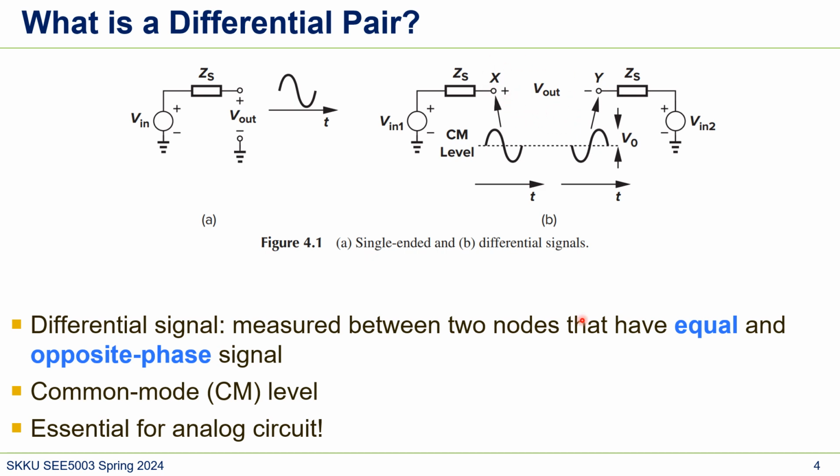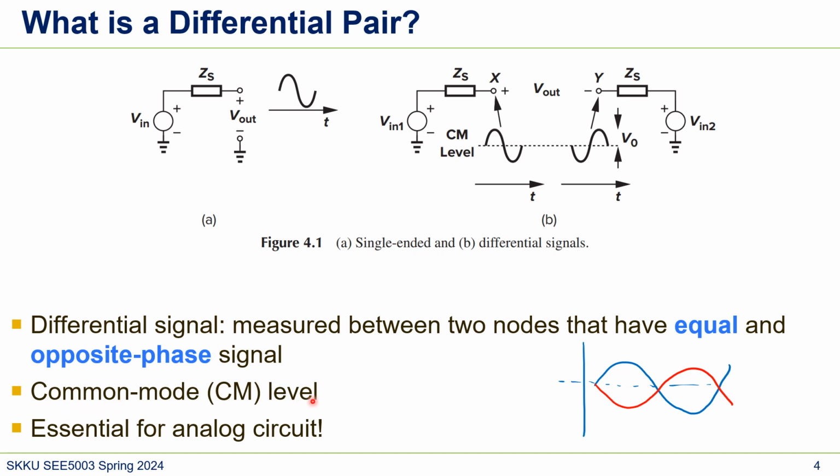The other important part is that this one has equal amplitude and opposite phase. So you see that they're opposite. In a time scale, if this is voltage X, the voltage Y will be like this.